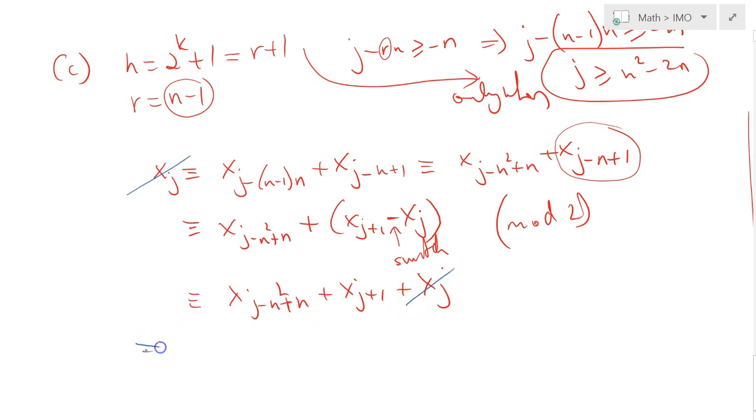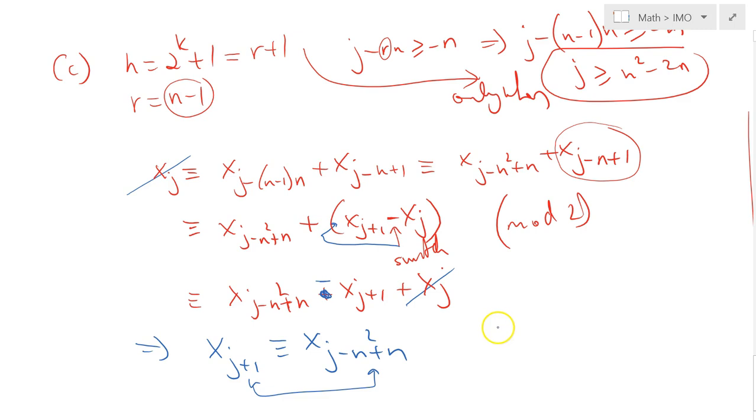So this implies that, let's switch this guy as well, because minus would be better, so I can move it to the other side, right? So we have x sub j plus 1 is congruent to x sub j minus n squared plus n. Because of these two indices, the difference will give us the periodicity because it works for all the j's, right? So that's awesome.